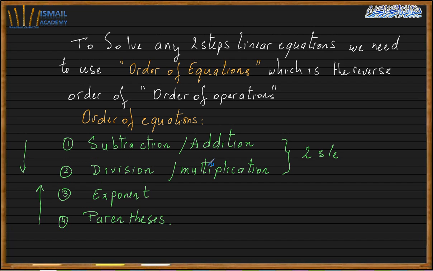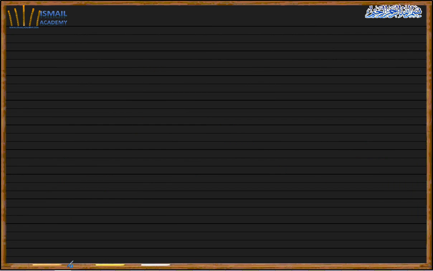So the general idea: if I have ax plus b equals c, what do I do here? We subtract b and get ax equals c, then this is multiplication, so I divide.